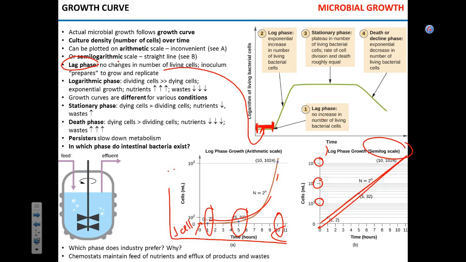Why can it happen? After inoculation of a liquid medium, cells are stressed. Believe me, they are. Every time you transfer bacterial cells from one sample to another medium, every transfer, every change, even minimal change of the environment imposes stress.